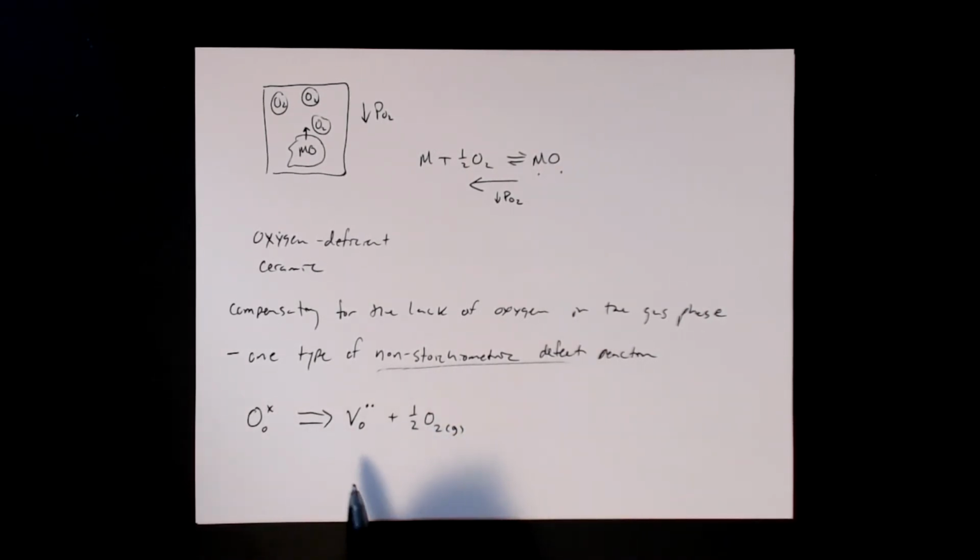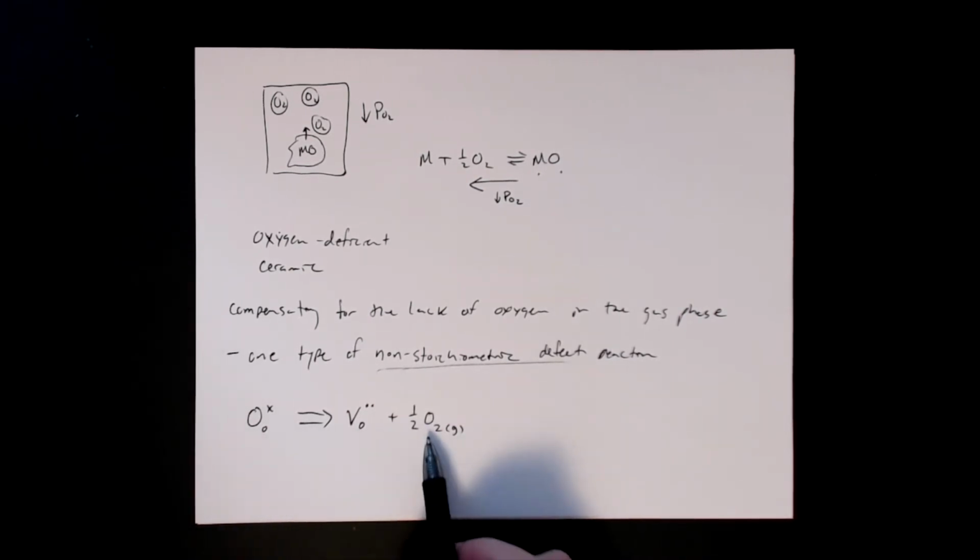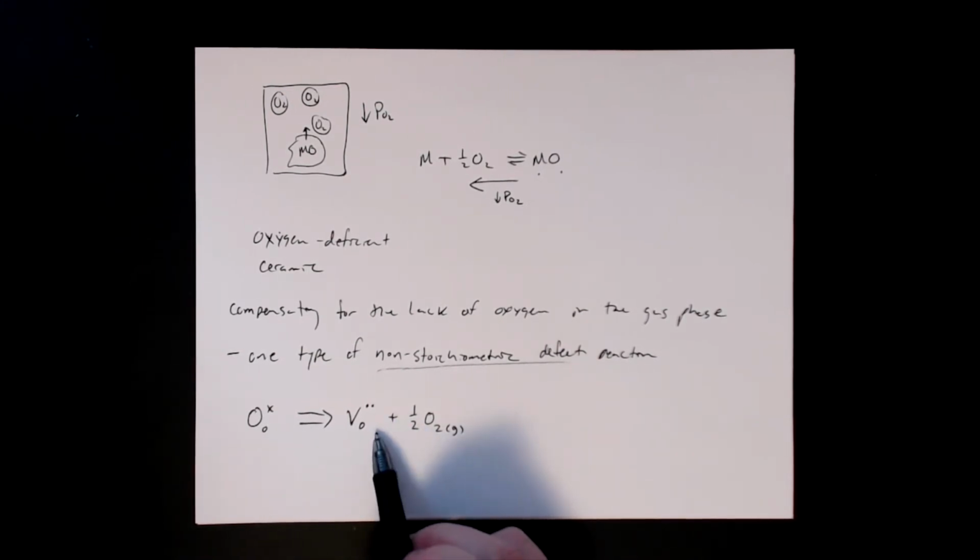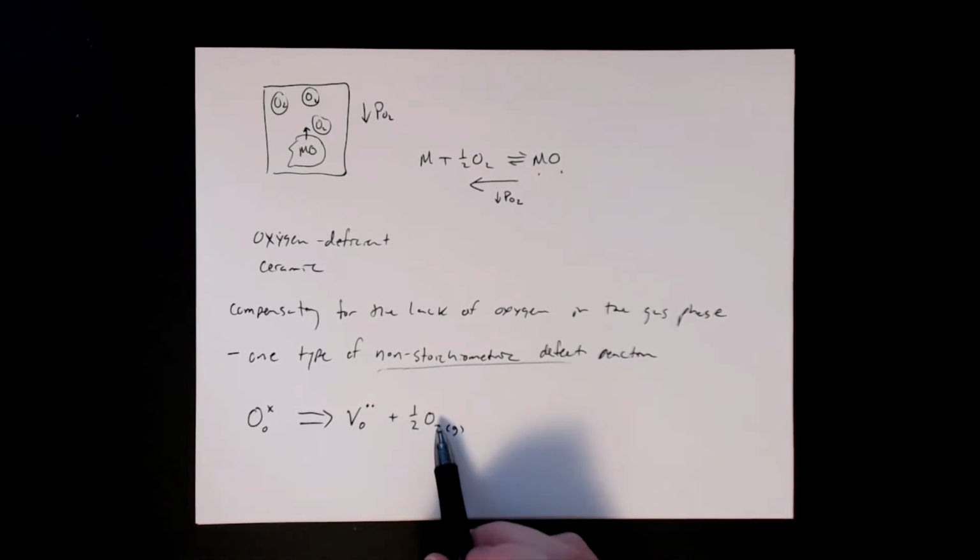But this is incomplete. This is not balanced. The oxygen left here and goes here, so the mass is balanced, but the charge is not. We know that a vacancy of this oxygen ion is charged, and the gas phase is not charged. So there has to be something else along with the vacancy and the gas phase to balance that charge.